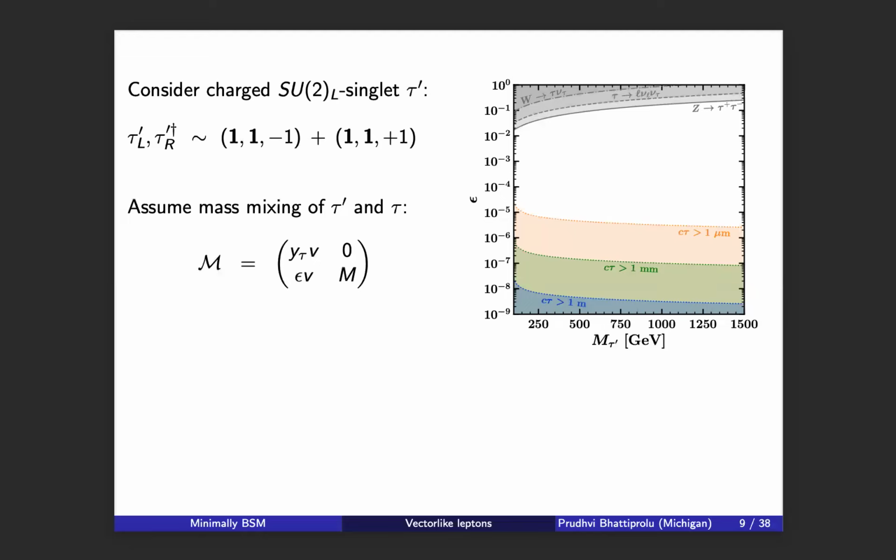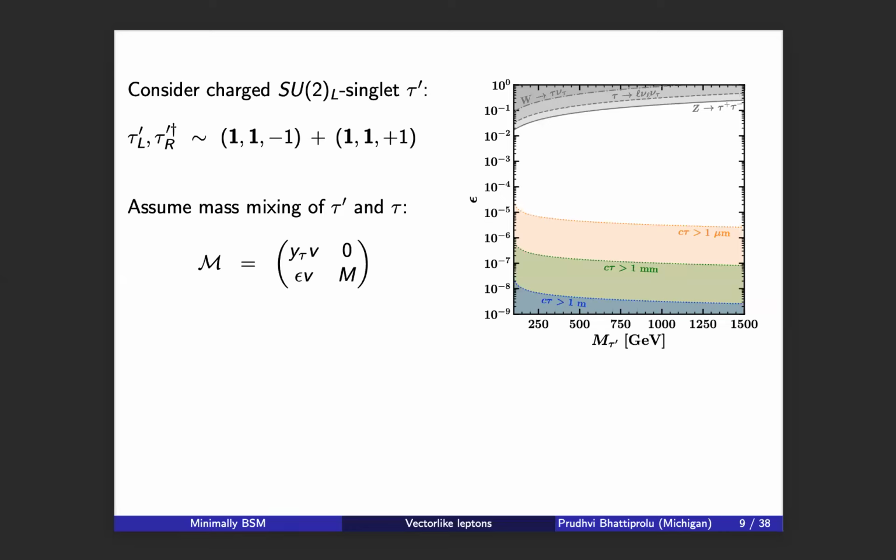So this is, for example, the decay length. If I want the decay length to be 1 micrometer, then this is the limit on epsilon. I'm assuming that epsilon is large enough such that it still decays promptly within the collider length scales, but small enough to avoid these constraints from W, tau, and Z decays.